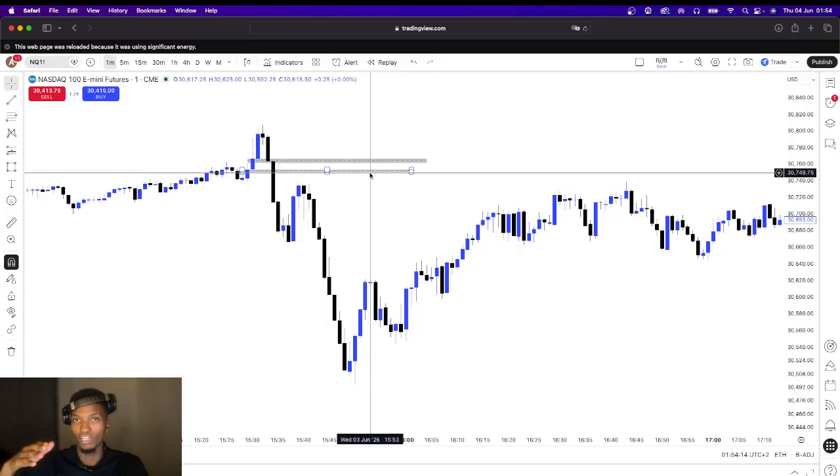And then I wait for either a break of structure out or an inverse fair value gap out of the confluence, knowing that the continuation confluence has been built, right? So yes, this is what fair value gaps and inverse fair value gaps are.